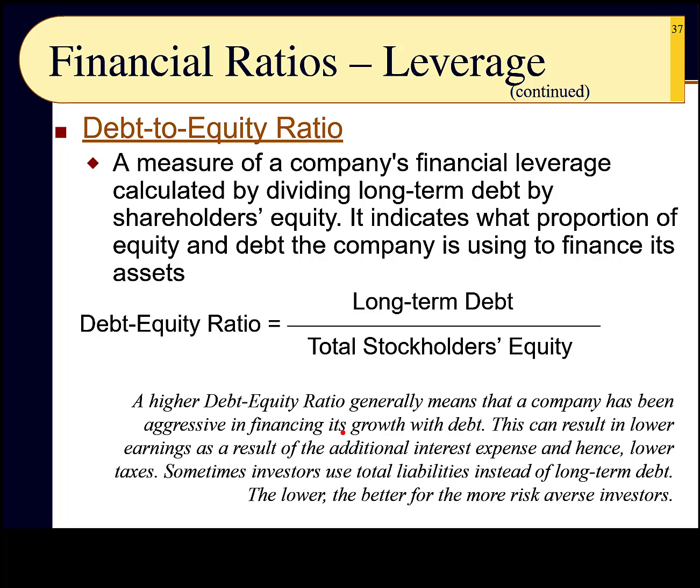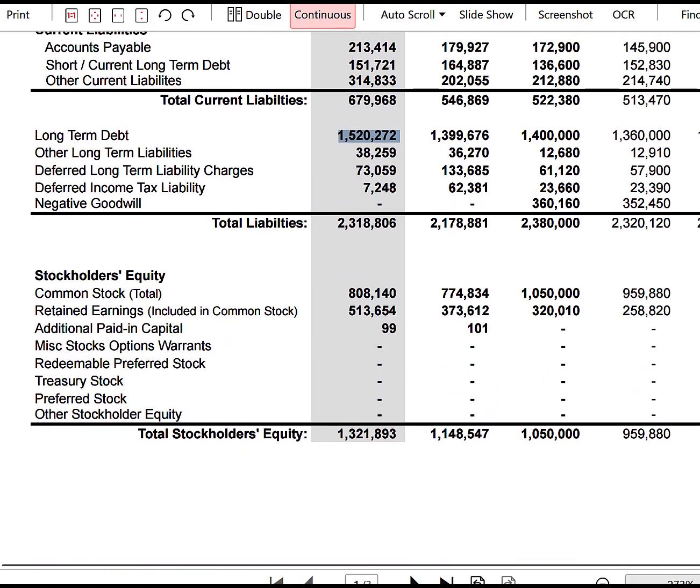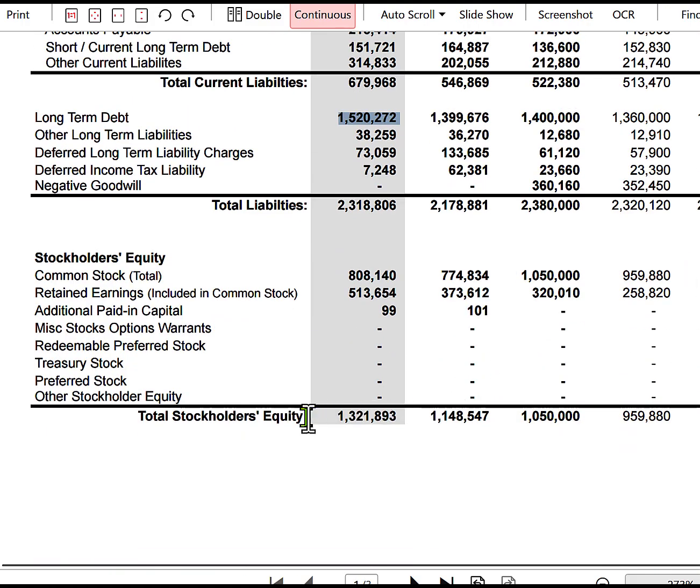Right. Okay, let's get back to the issue here, Sprouts. And so let's go to the balance sheet, take that long-term debt. Where's that long-term debt? There it is, 1.52 billion, divided by the stockholders' equity of 1.321 billion.